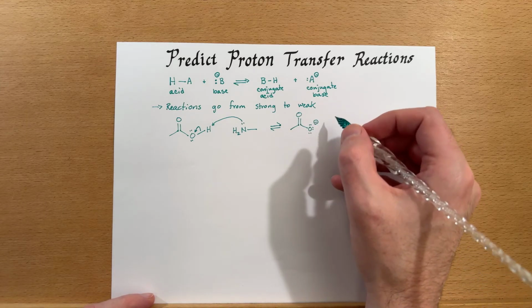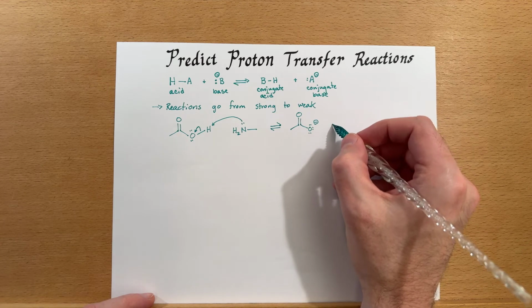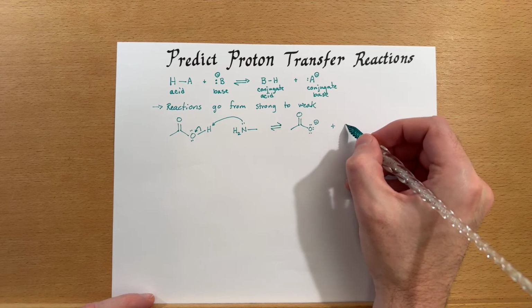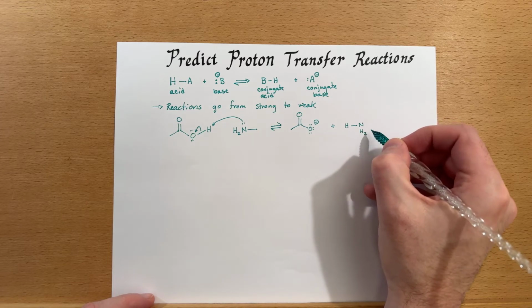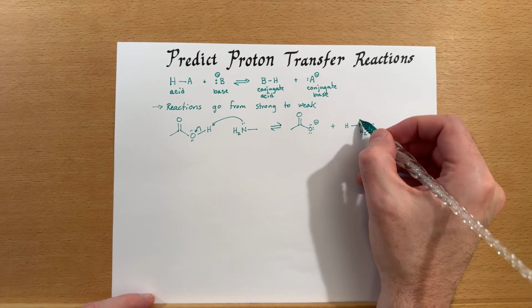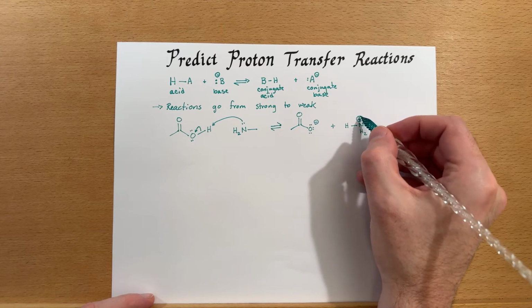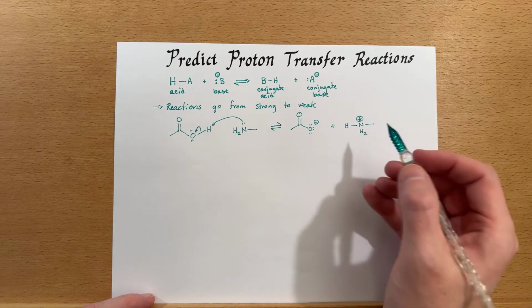So now we have the acetate ion, and we have methyl ammonium.